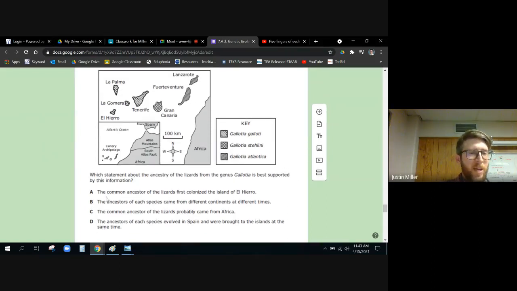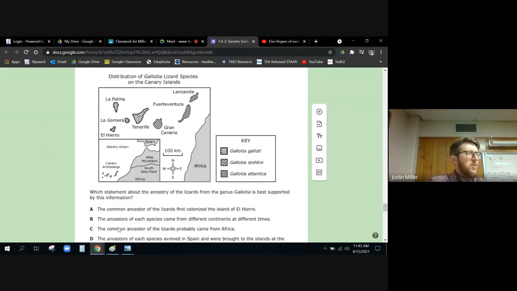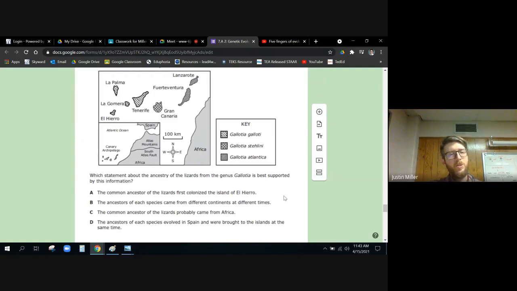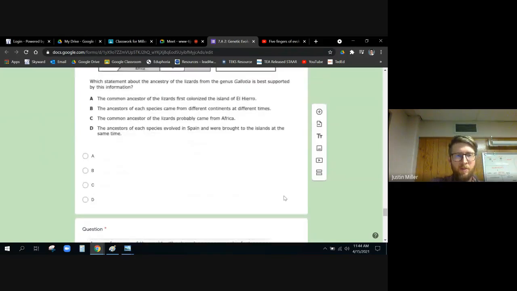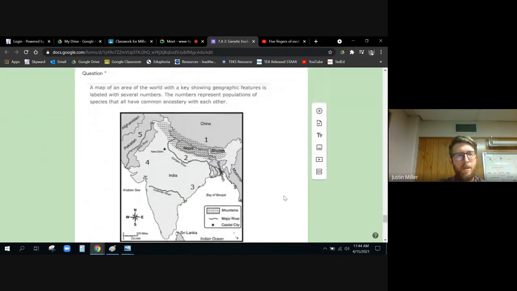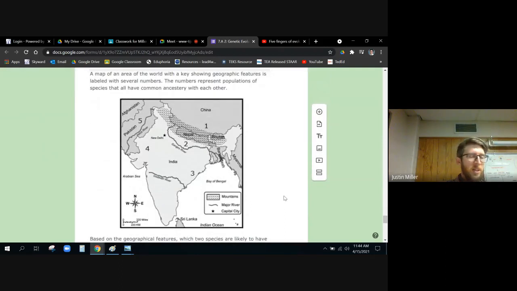Just because we know A is not right, we know B is not right, and we know D is not right, because D says that they were evolved in Spain and brought to the islands at the same time by people. Like, there's no way to tell that by this picture, right? So if nothing else, you can use process of elimination. That one was a pretty tough one, I know. But you might have something like this on the test.